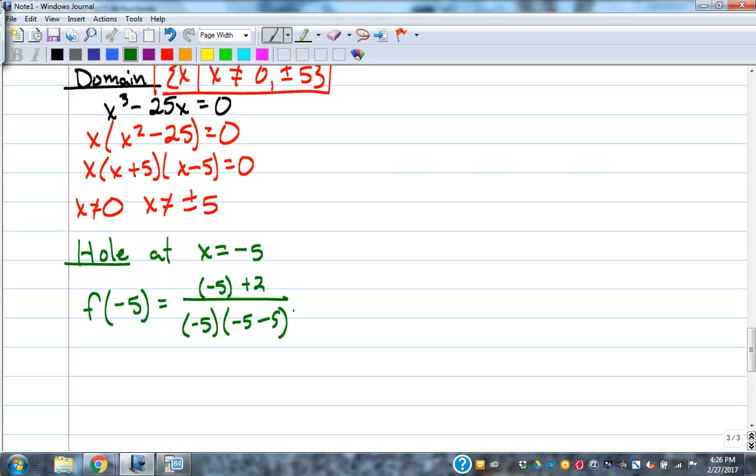That's going to get us an ordered pair where this empty spot occurs. So we're finding the y value that goes with that x value that has a hole at it. So it'd be -3 over 50. Is that right? Yeah. -5, -3 over 50.